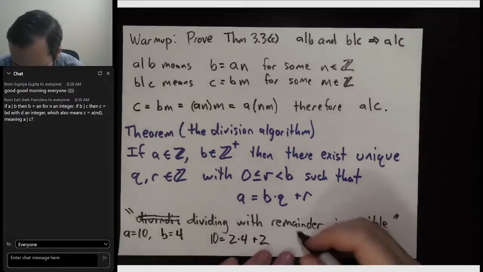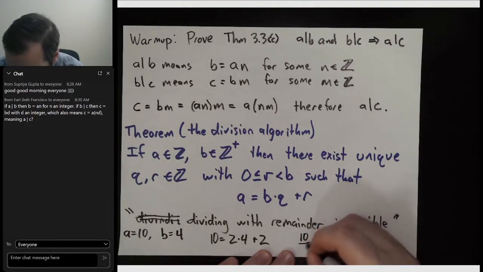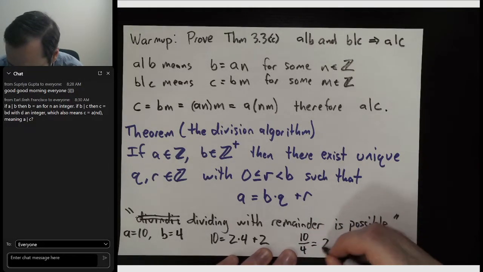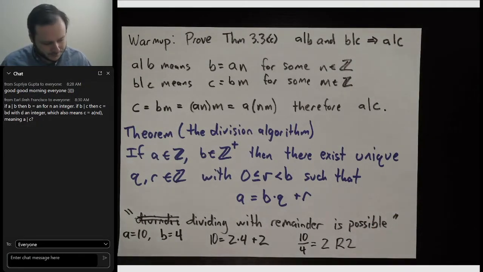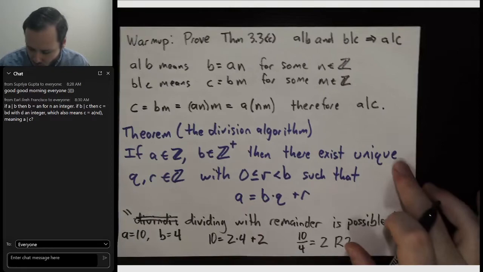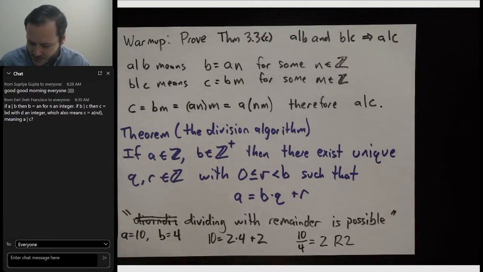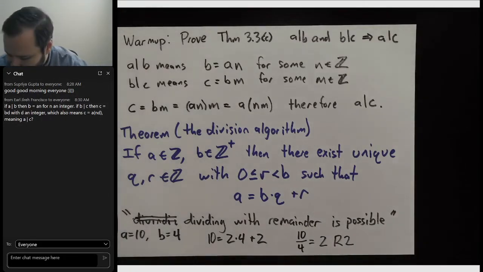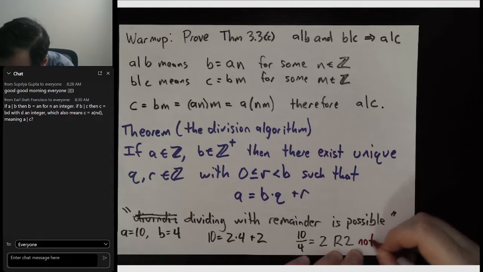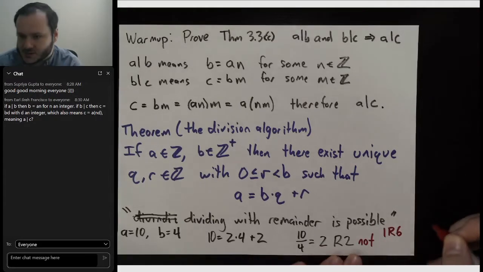Or in other words, 10 divided by 4 is 2 with a remainder of 2. And this unique part says 10 divided by 4 really is 2 remainder 2. It's not 1 remainder 6.